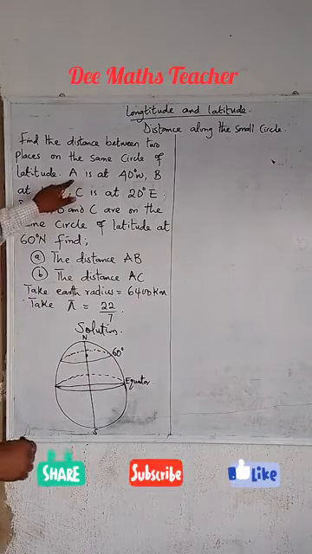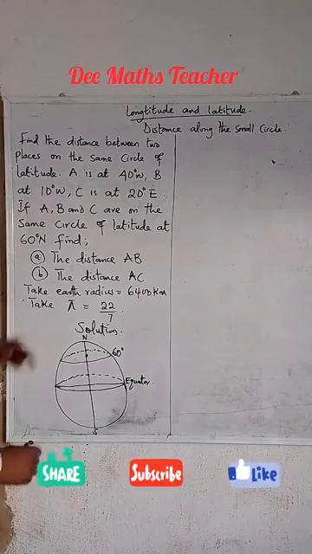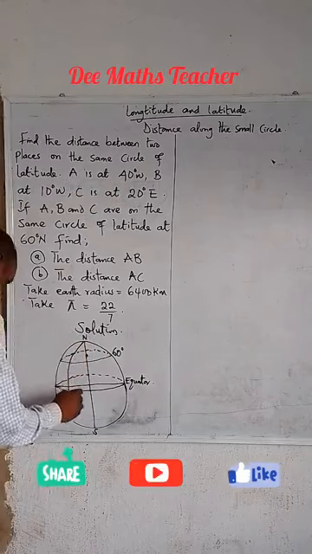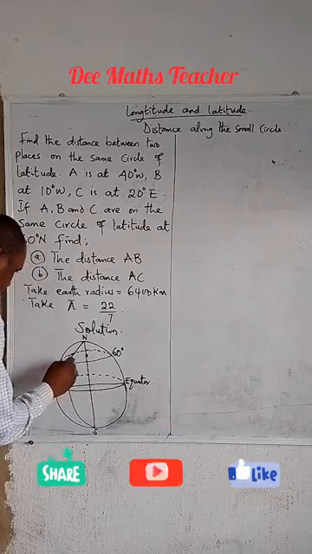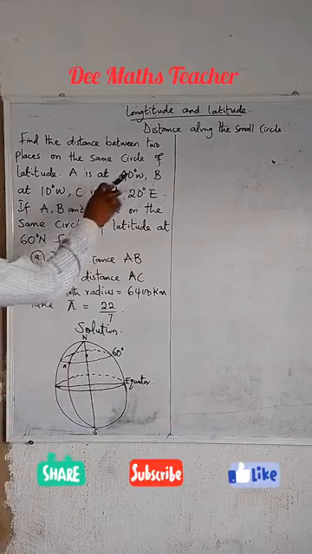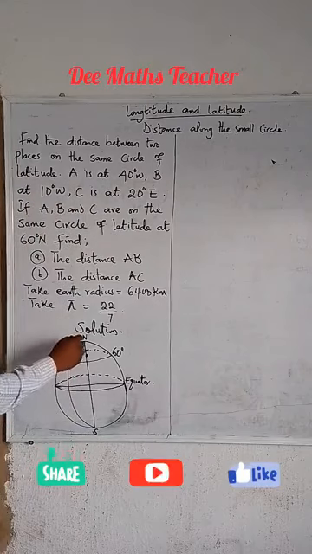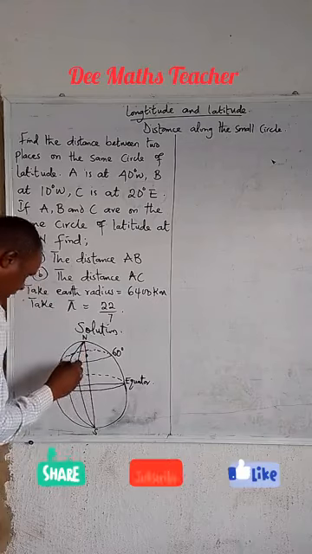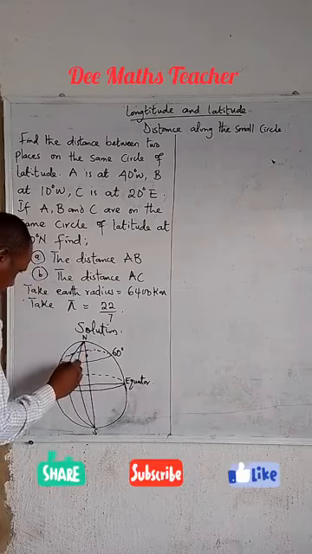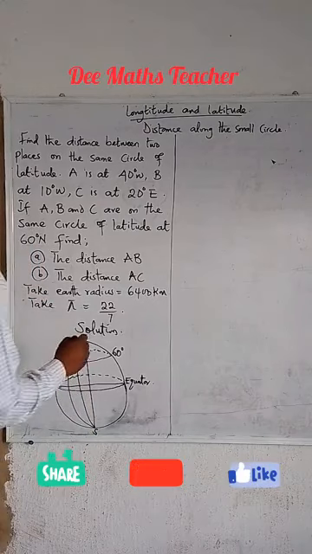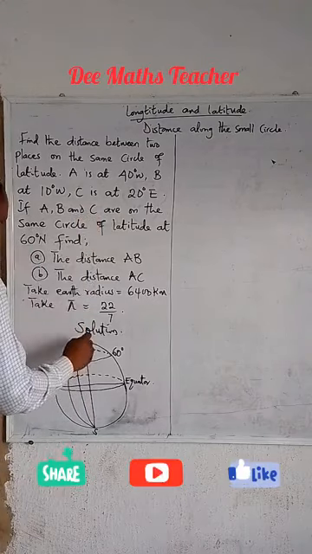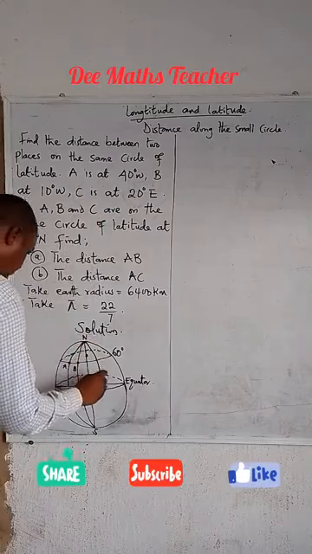Now, we have point A to be 40 degrees west longitude. This is point A. Then we also have point B to be 10 degrees west, point B. And the last point is point C, which is 20 degrees east.